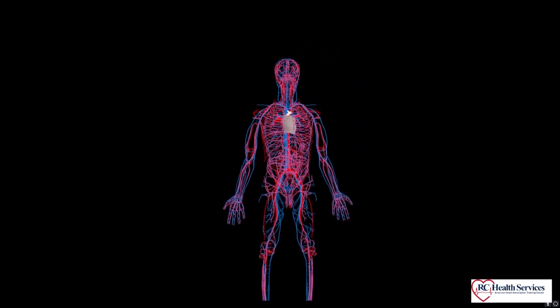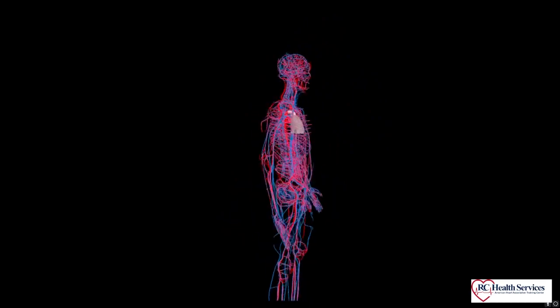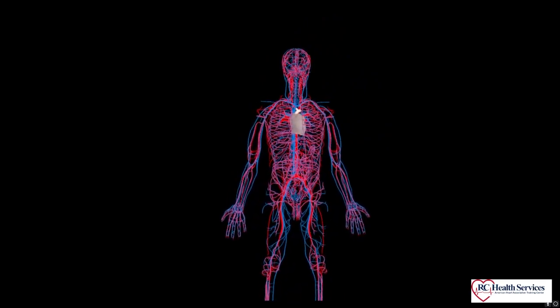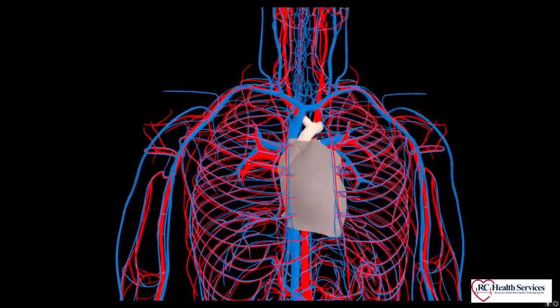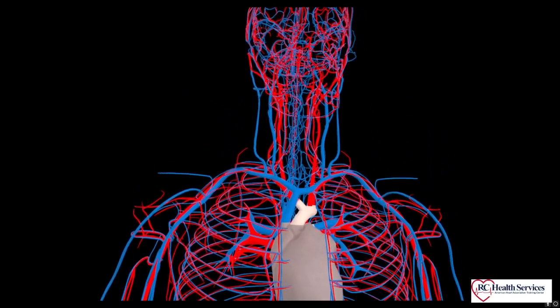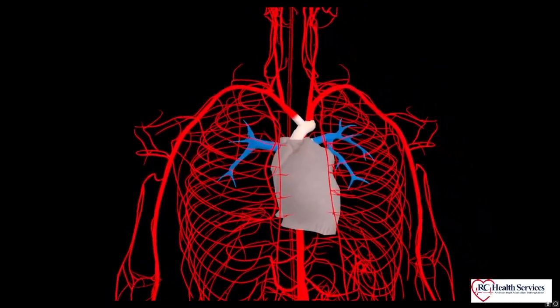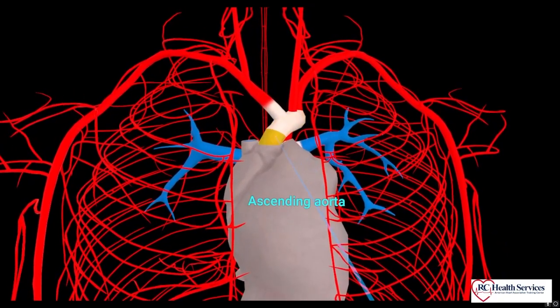So here's looking at the veins in the circulatory system. Something to point out is that there's veins everywhere. We have a couple of different classes of veins and arteries. The largest artery is going to be this one right down there, the aorta.